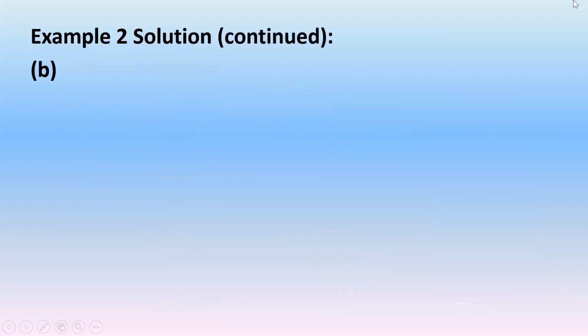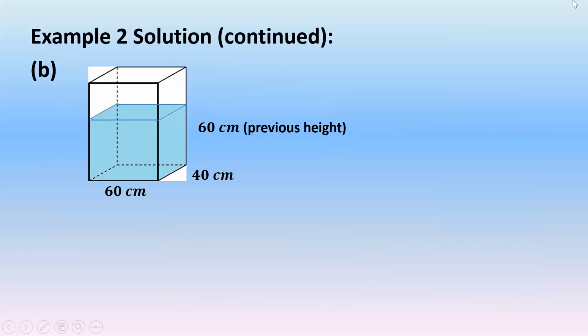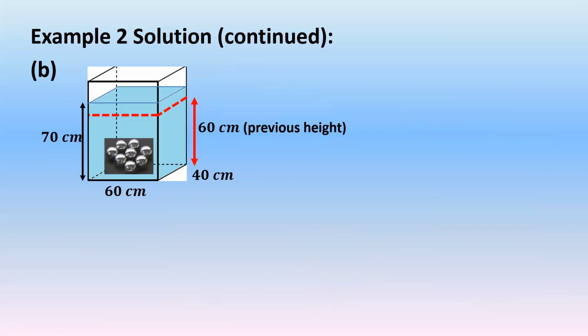Part B. Previously, the height of water was 60 centimeters. After immersing 8 small metal balls, the new height of water is 70 centimeters. Therefore, the rise in height is 70 minus 60 centimeters, which is equal to 10 centimeters.